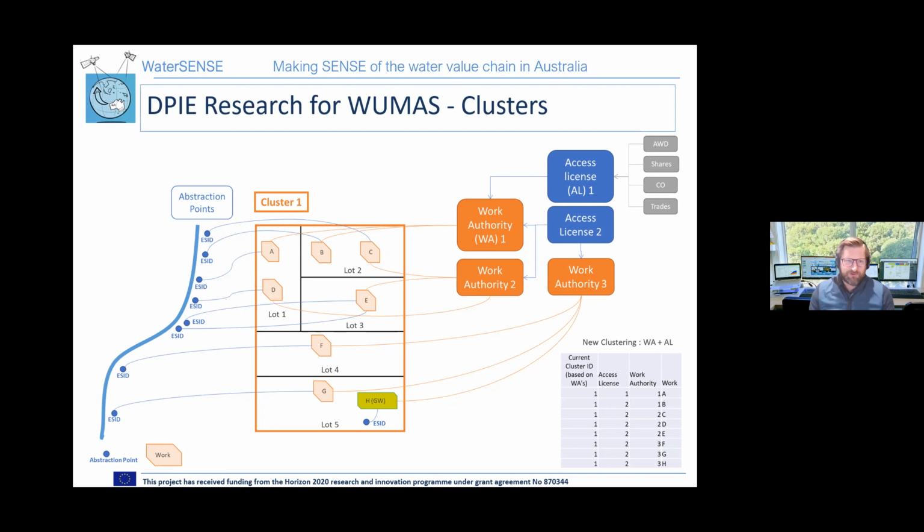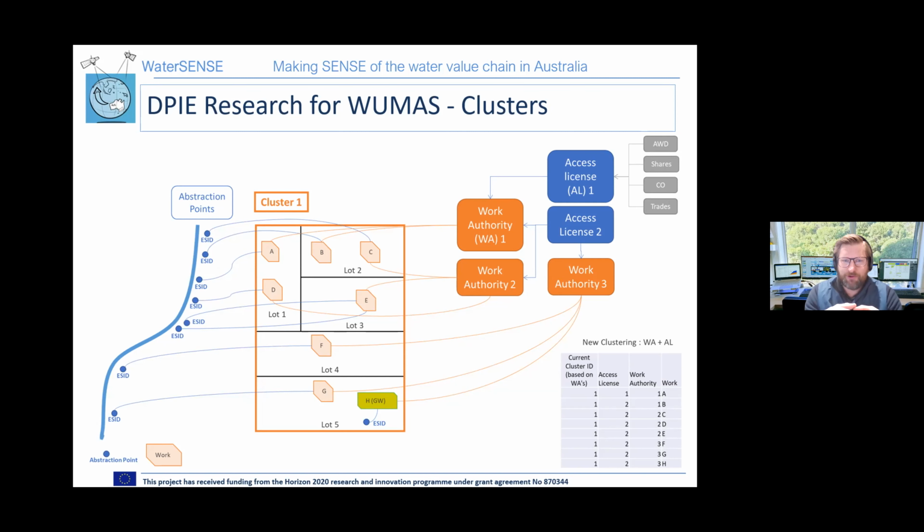In this diagram, you're seeing the river on the left and all the pump stations that are linked to various works, which could be a field or another pump station or a dam. Each of those works are within a certain lot or property or farm. Now, if you look on the top right-hand side, there are access licenses and work authorities, and those are all interlinked to various lots and various works. And you cannot compare one farm to a single license.